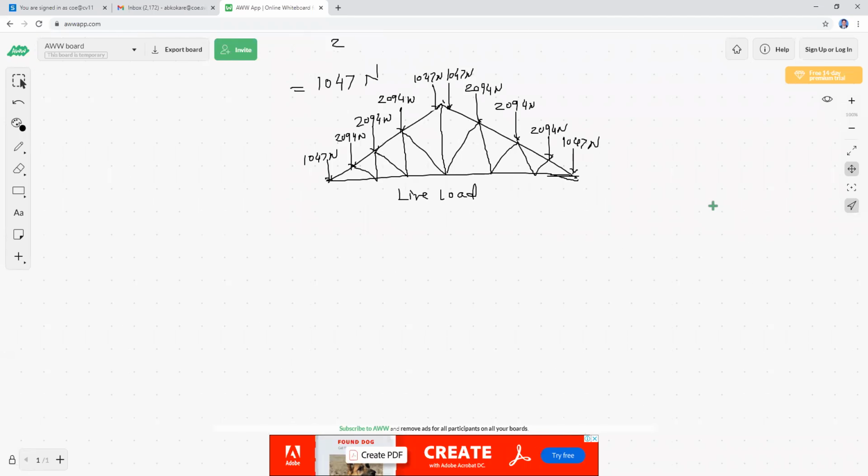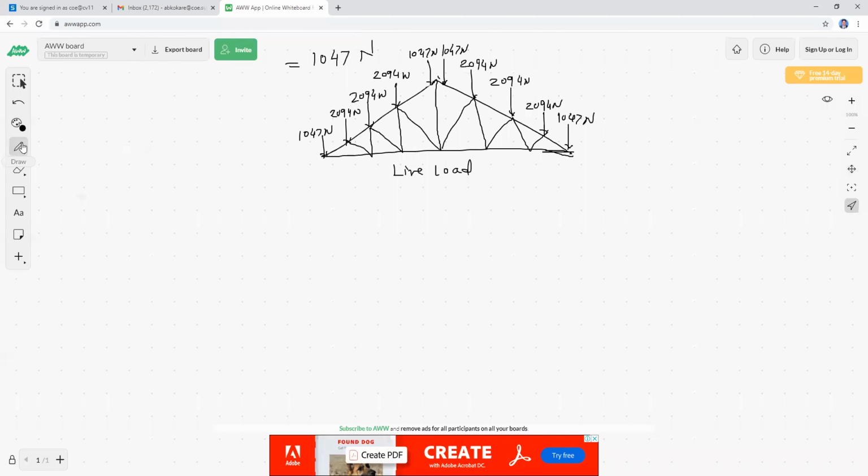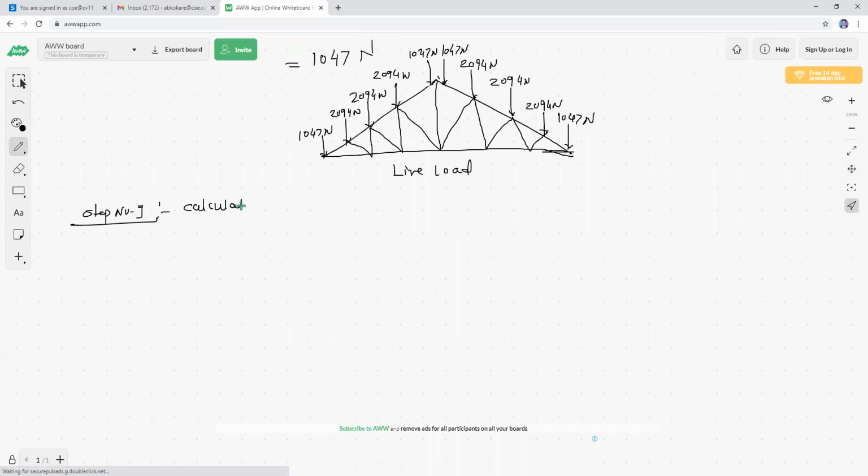Okay, now next step is the wind load calculation. Step number 9. Calculate wind load. Now this is a very important and major load on the roof truss.